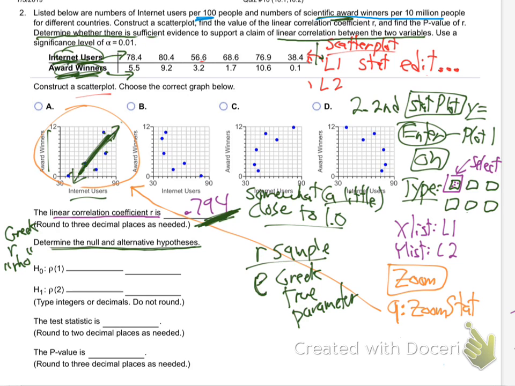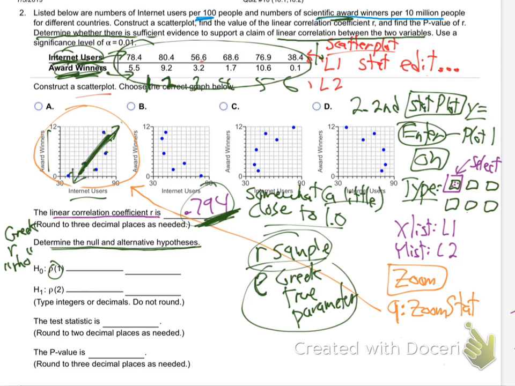We took a sample. We took whatever this is, 6 different countries. Took some data. We got an R from our sample of 6 countries, which was that R value. And now we're going to test, do you think rho, which is like the real R, the truth of all countries in the whole world, that's what the Greek letters always are.